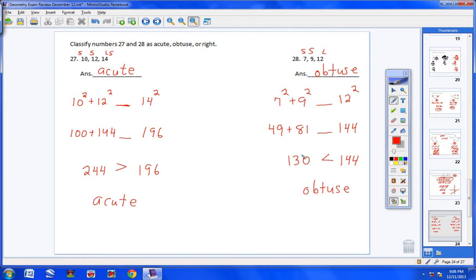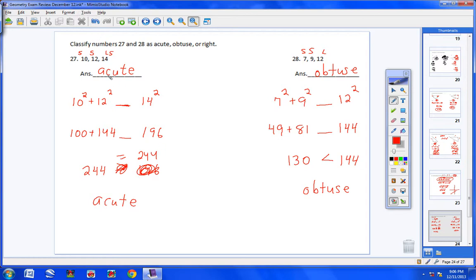Well, if you would have worked this whole side out and you would have gotten 144 equals 144, then that means you have a right triangle. Or if you would have gotten over here 244 equals 244, the 2 numbers are equal, then you know you would have a right triangle.